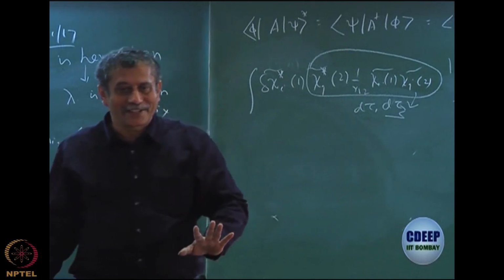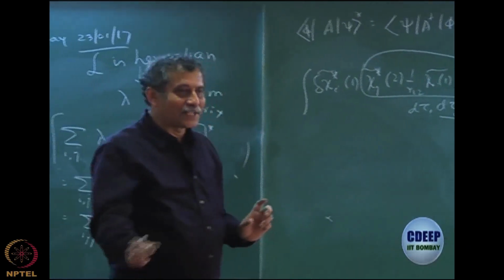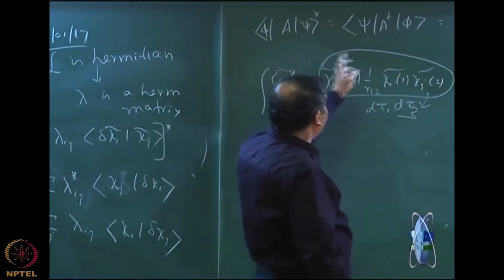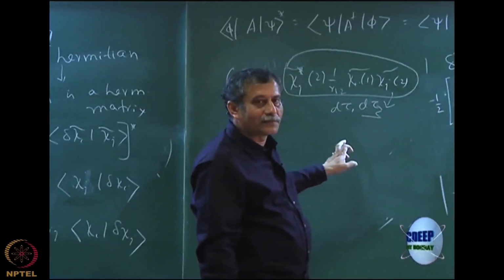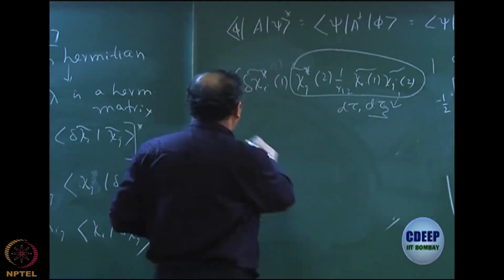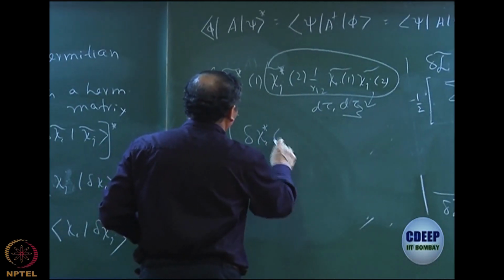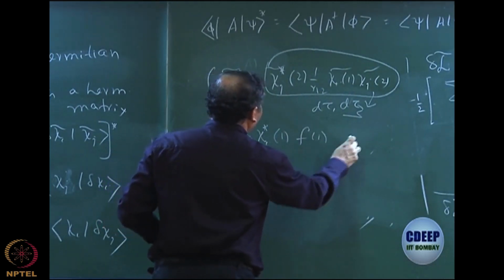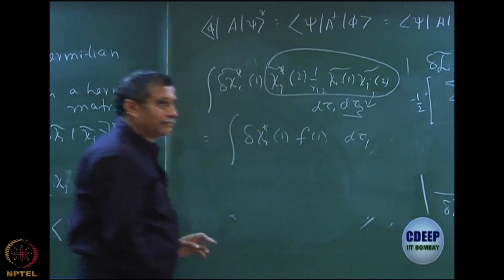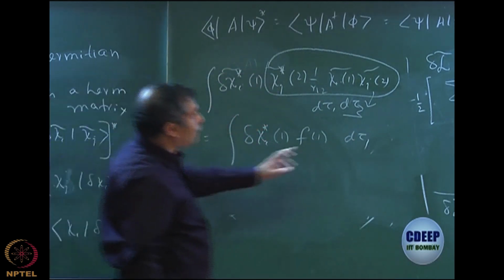Tau 1 is a volume unit, infinitesimal volume. So, this entire thing will now become a function of 1. Some function, I don't care what it is. So, I can write this as an integral delta chi i star 1 function of 1, and then you have a d tau 1, which is exactly in this form.